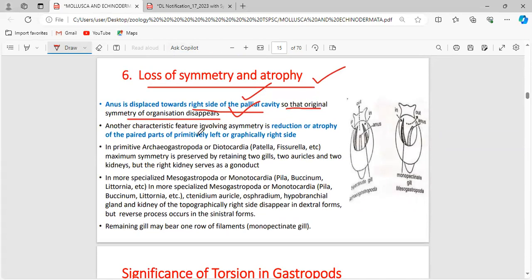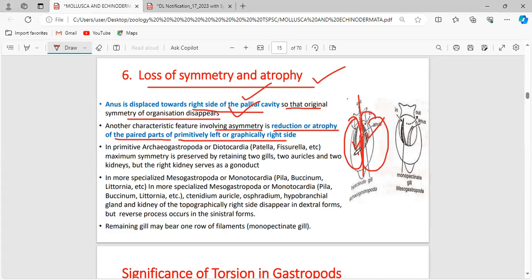Now, another characteristic feature involving asymmetry is reduction or atrophy of paired parts, primitively left or geographically right side. See, reduction or atrophy is nothing but this: initially the organs present on the left side are not present on the right side as a result of torsion.